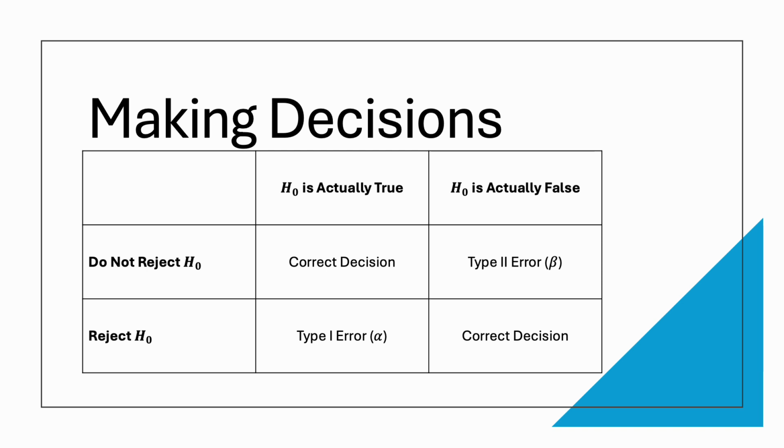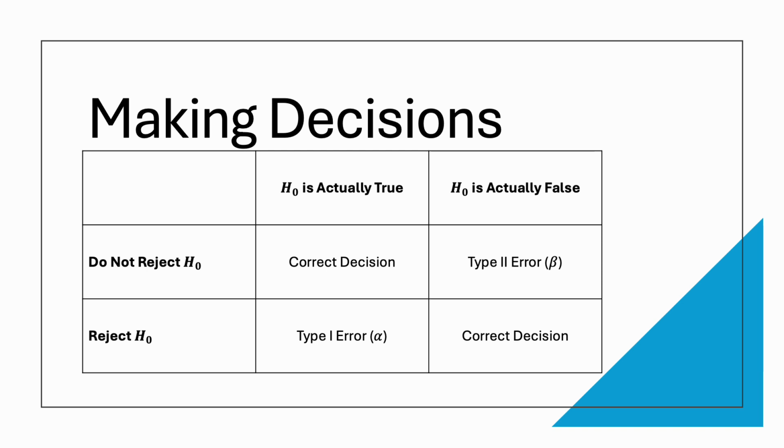If I want to decrease the chance of a type 1 error, I'm going to end up increasing the chance of a type 2 error.